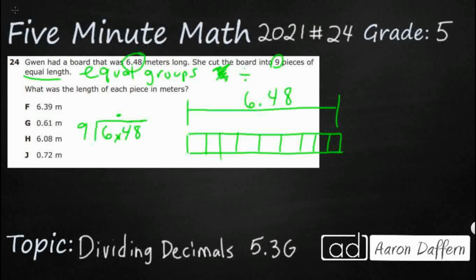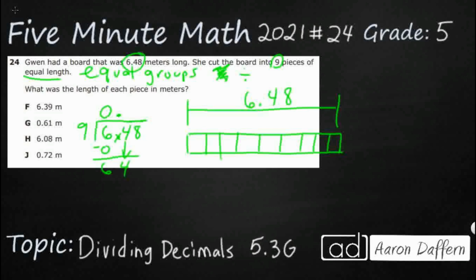So we just divide like normal, but since we have this decimal right here, even though we know 9 cannot go into 6, we need to go ahead and put that 0 there. Just because when we write our answers, we always need to make sure that we put a 0 in the ones place if there's no other digit there. That just kind of holds the decimal there. So 0 times 9, and so that's going to be 6. Let's bring this 4 down.